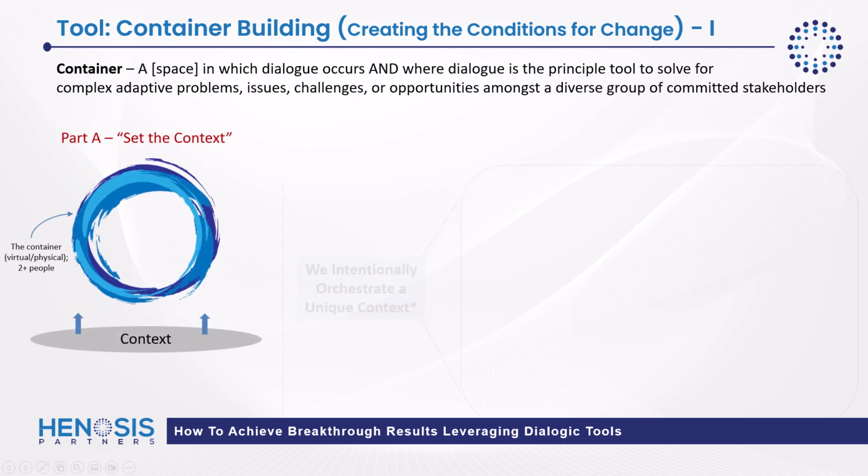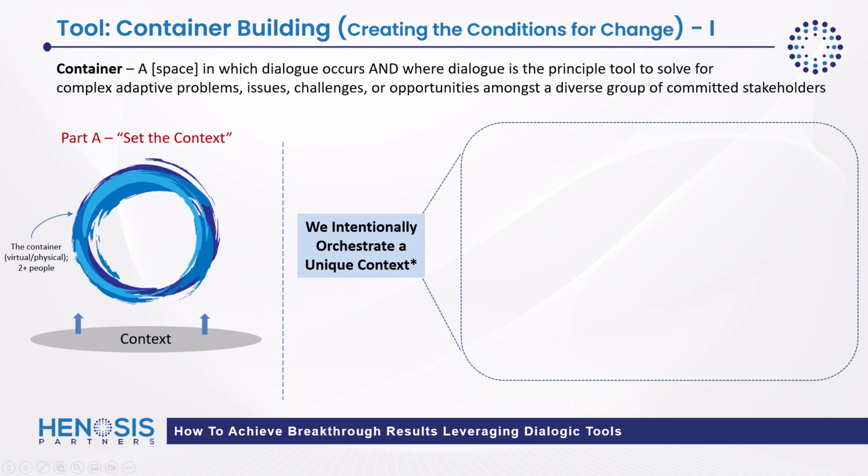And in fact, this is where we become very intentional about orchestrating a particular context. A context, for example, that reflects solving for a complex adaptive challenge. That is, some pressure exists amongst the group or team to solve for a complex challenge.